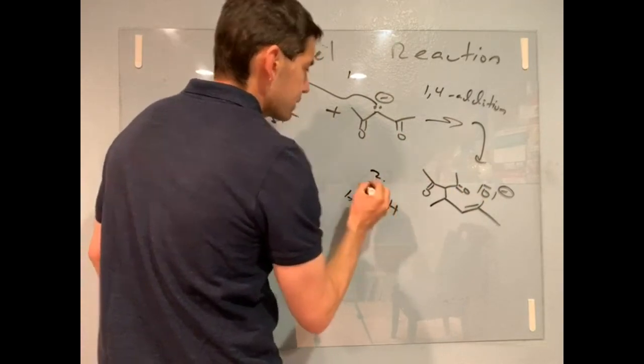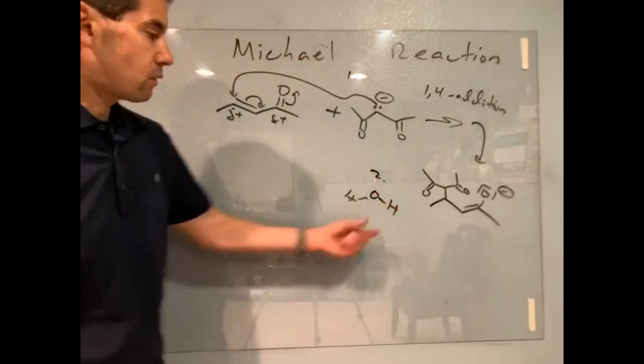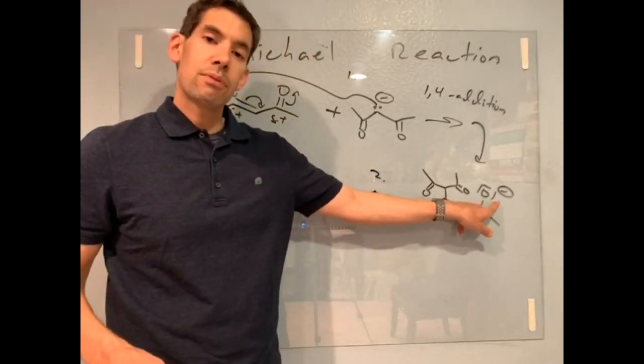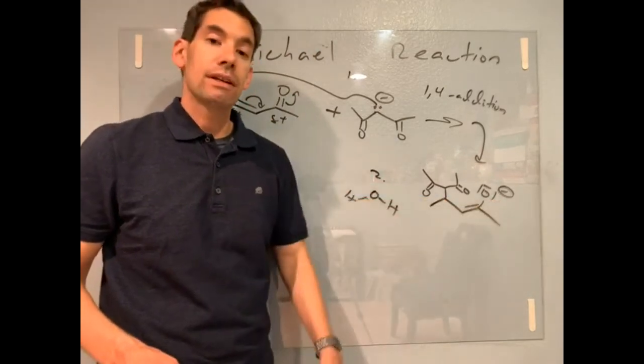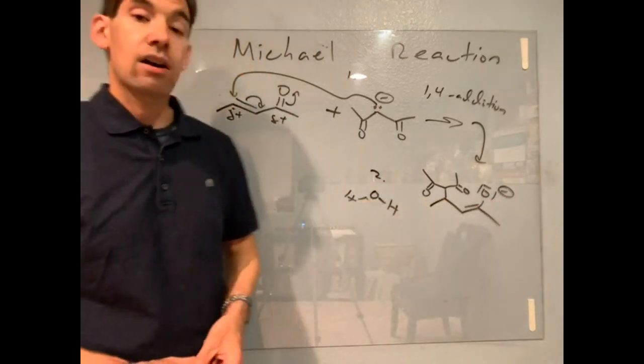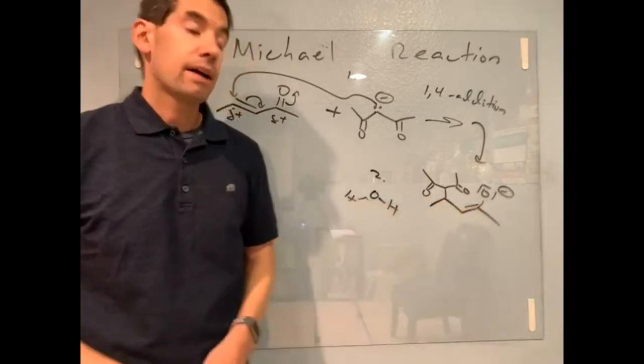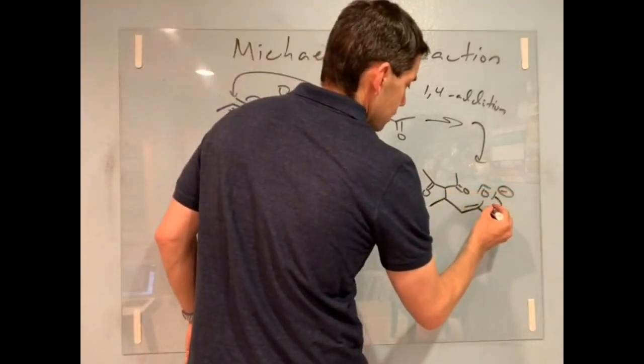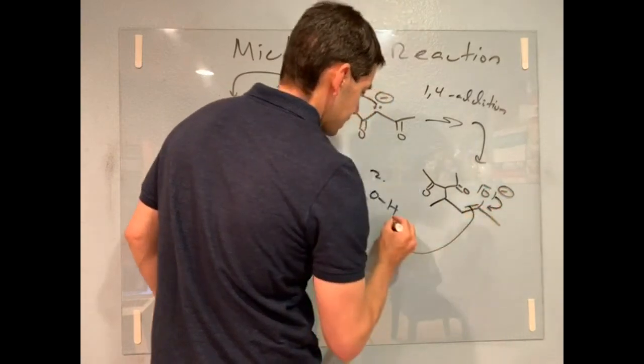Now, remember, we talked about this already. As our water is going to be added here, this oxygen doesn't want to get protonated, because we don't want to make an enol. Enols aren't as stable as, say, a carbonyl. We want that carbonyl to come back. And so what we can do is electrons can come back down, and this one can take this proton here.